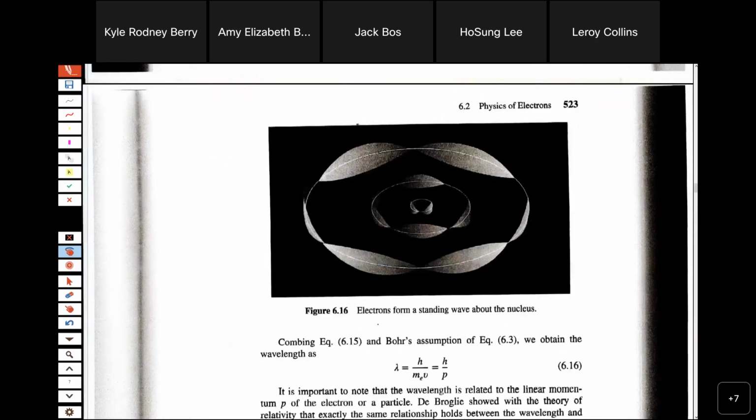So this is the energy around the nucleus. This is hydrogen, with one electron around the nucleus.